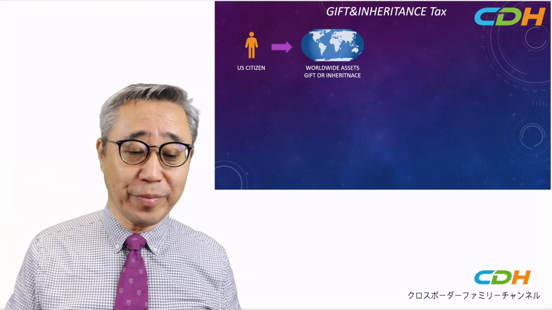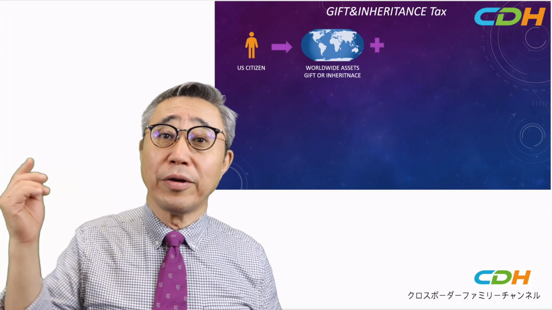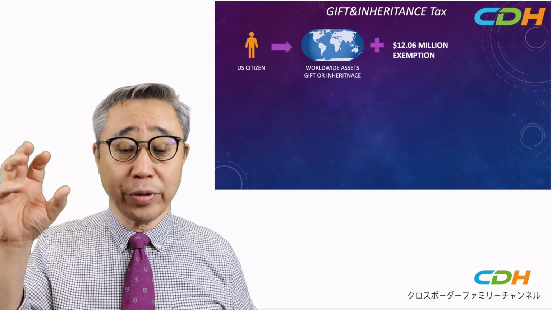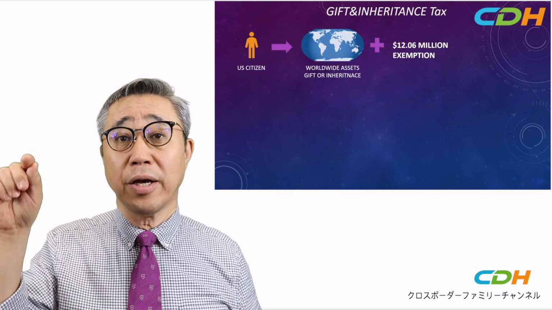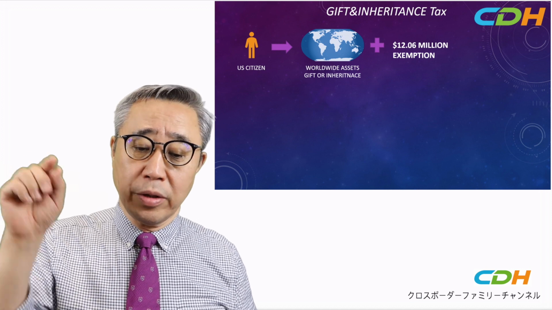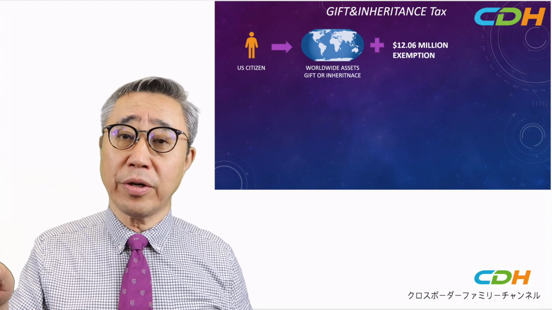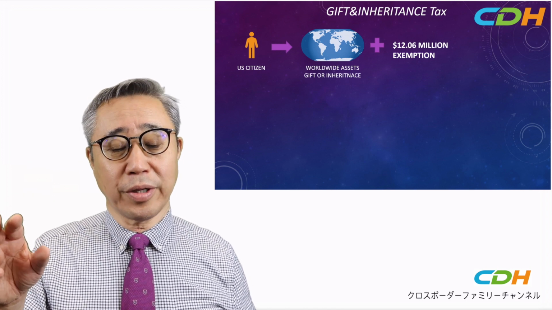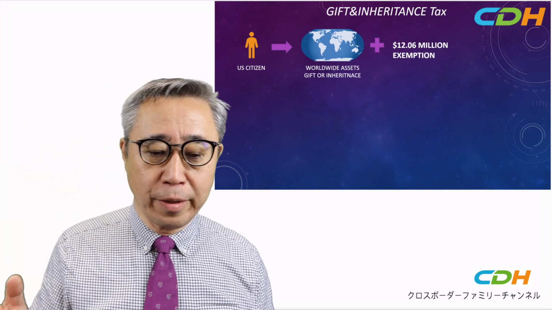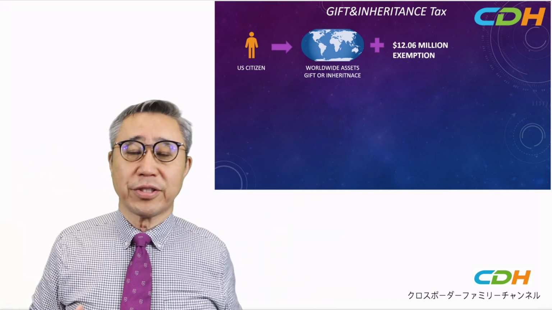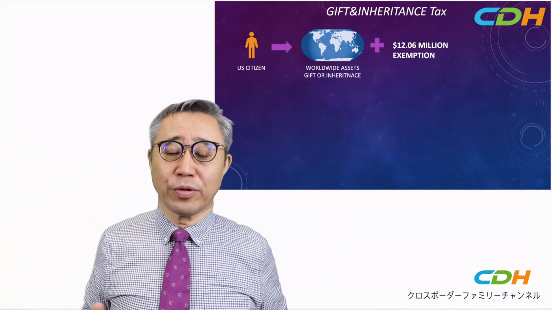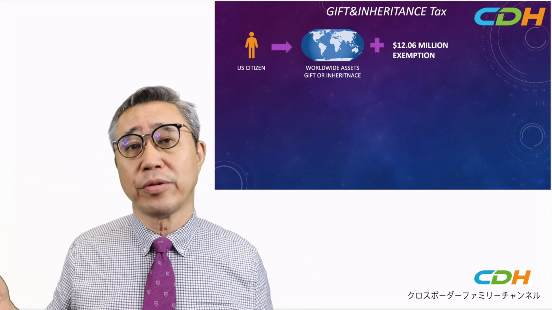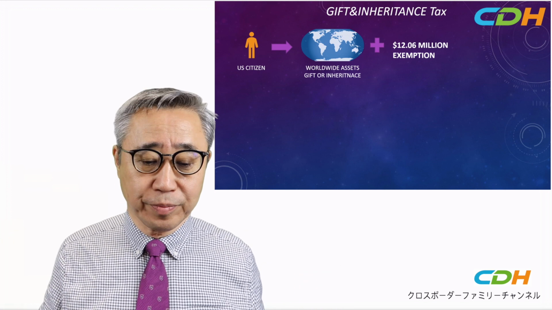Well, too bad. Well, not so bad, because if you are a US citizen, you are so-called domiciled in the US, and in 2022, you have a 12.06 million lifetime exemption. We call it the unified credit. So gifts, inheritance, all included. If the amount does not exceed 12.06 in 2022, I pay no taxes.